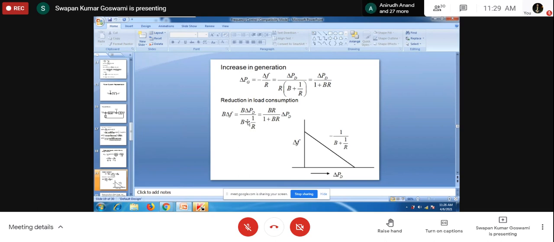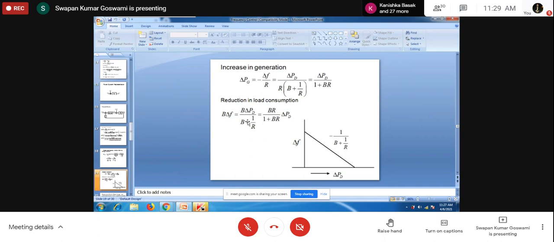So immediately the power is being supplied by the stored kinetic energy of the system to the load. After that, before the final steady state is reached, how is the power being supplied to the load? During that time, what happens? Since the frequency is still decreasing, the power will be received from the released kinetic energy by the system.